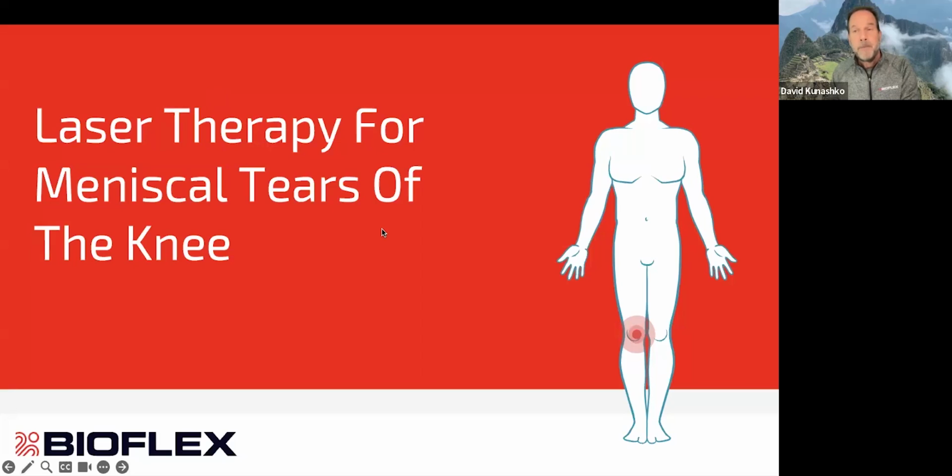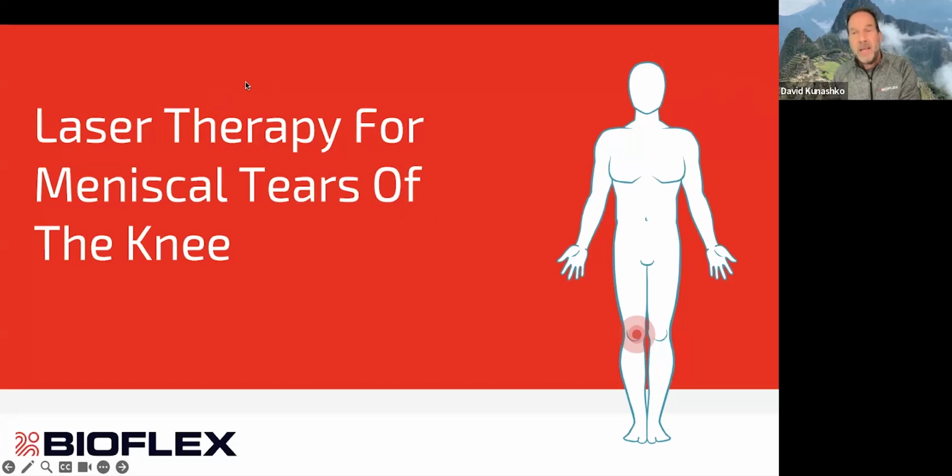So meniscal tears of the knee, obviously, it's a pretty common condition, both in young, but especially as the patient base gets older into 40s, 50s, and 60s and beyond, you start to get degenerative tearing. And this leads to more degenerative fraying in the menisci, and this leads to small tears.